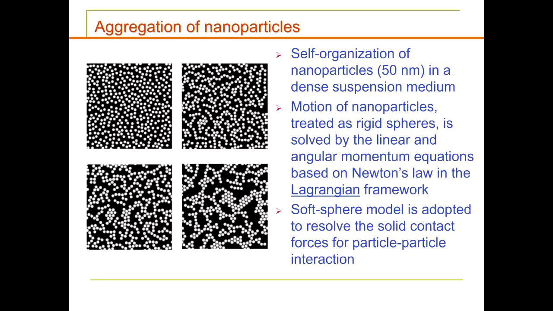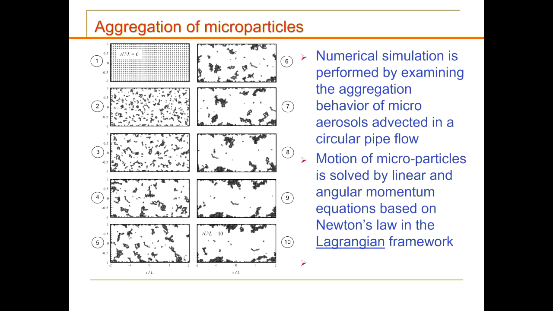This is nanoparticles. This is microparticles, where we demonstrate that particle agglomerates tend to move away from the bulk flow and stick to the wall itself. This is the physics that we can understand using CFD.